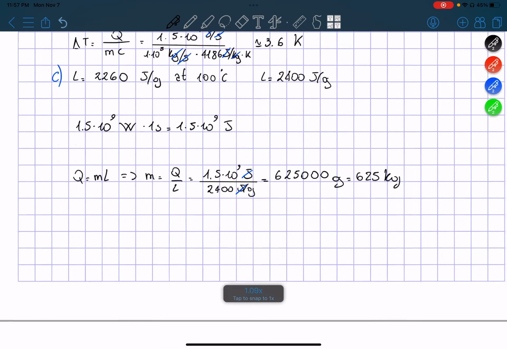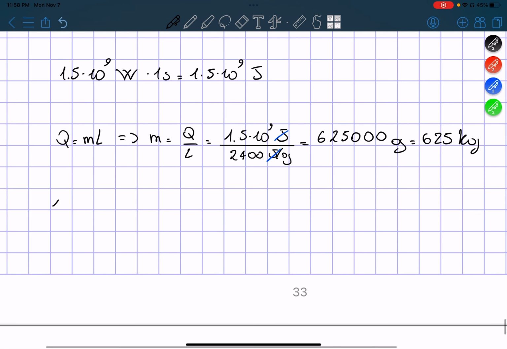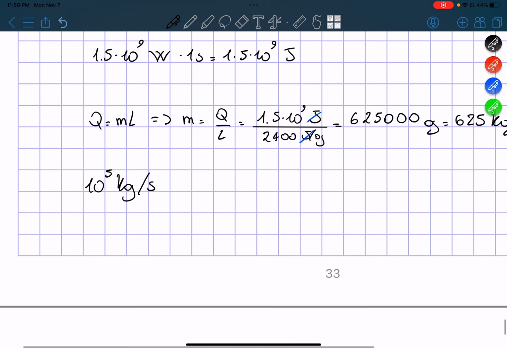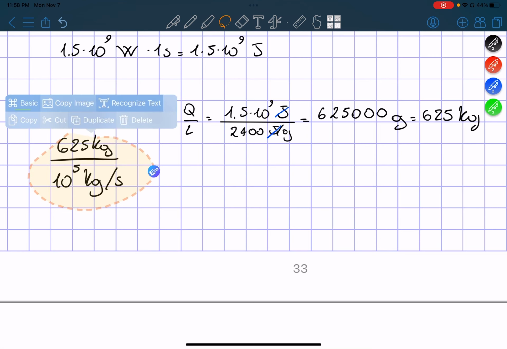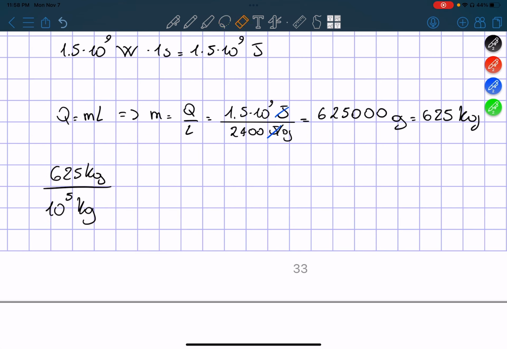But now we know that we have about 10 to the power of 5 kilograms of water per second flowing. So how much is 625 over this? Of course, we're calculating per second.